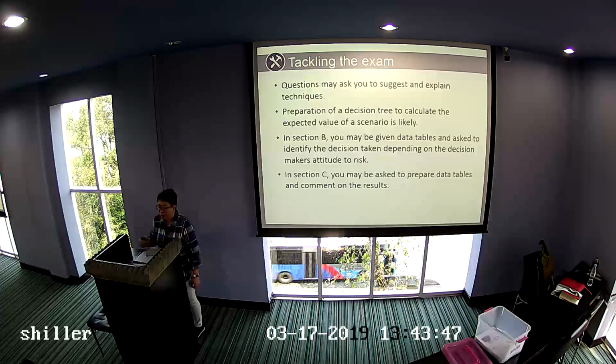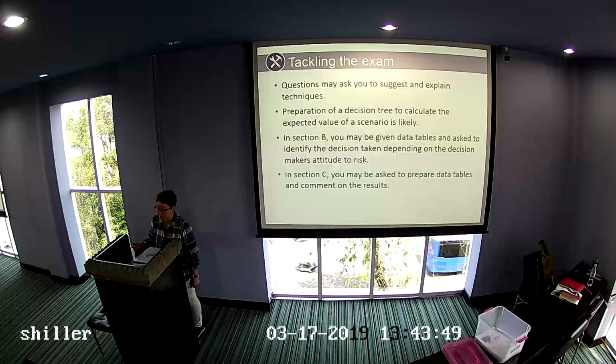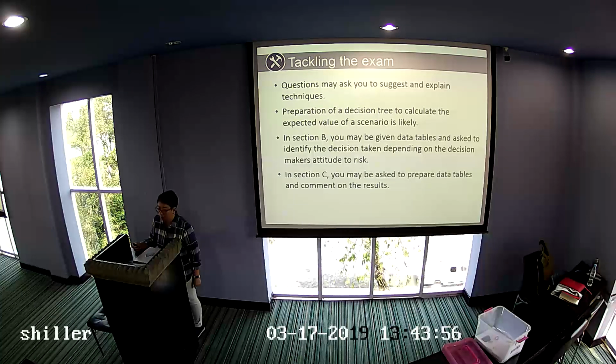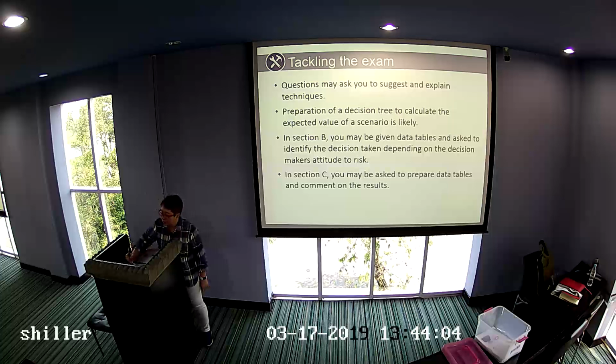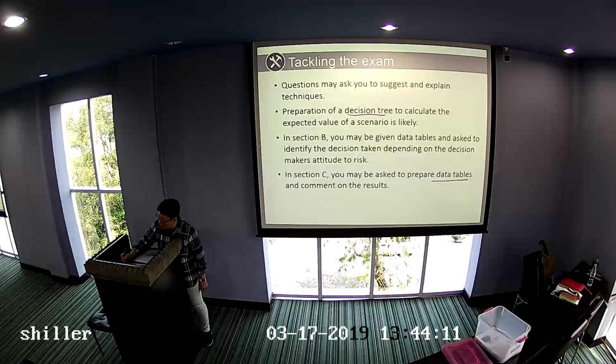Now, in the exam, sometimes they will ask you to explain the technique. Most of the time, they will ask you to prepare and answer the questions, using, for example, the decision tree. And you may be asked to prepare data tables and comment about them.